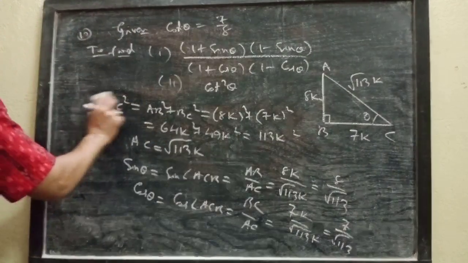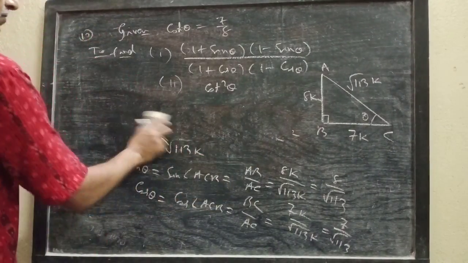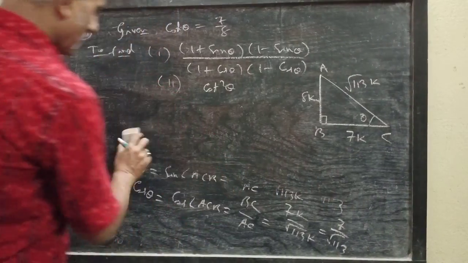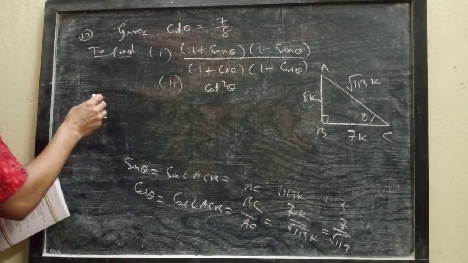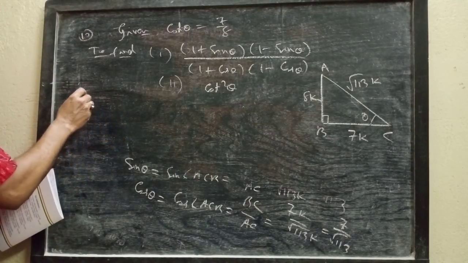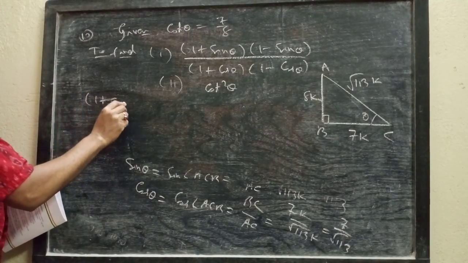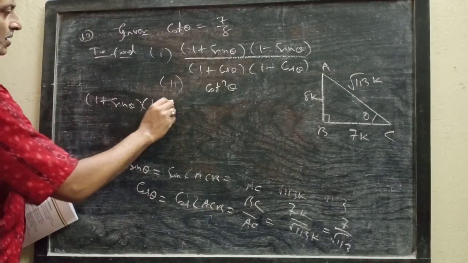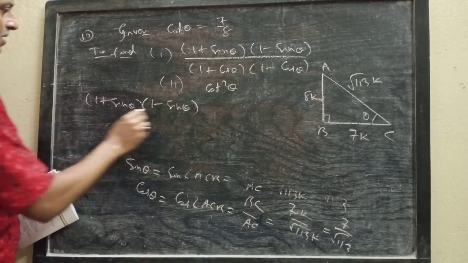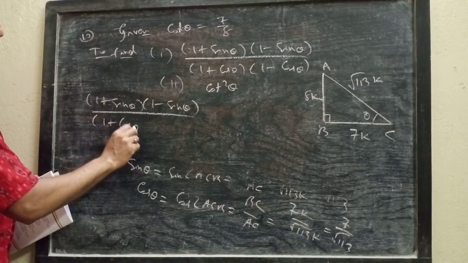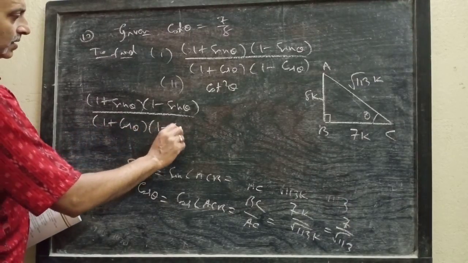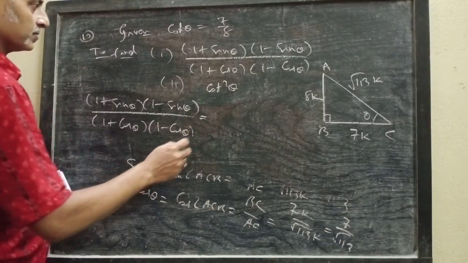Now I am writing the expression whose value is to be found out. (1 plus sin theta) into (1 minus sin theta) divided by (1 plus cos theta) into (1 minus cos theta).